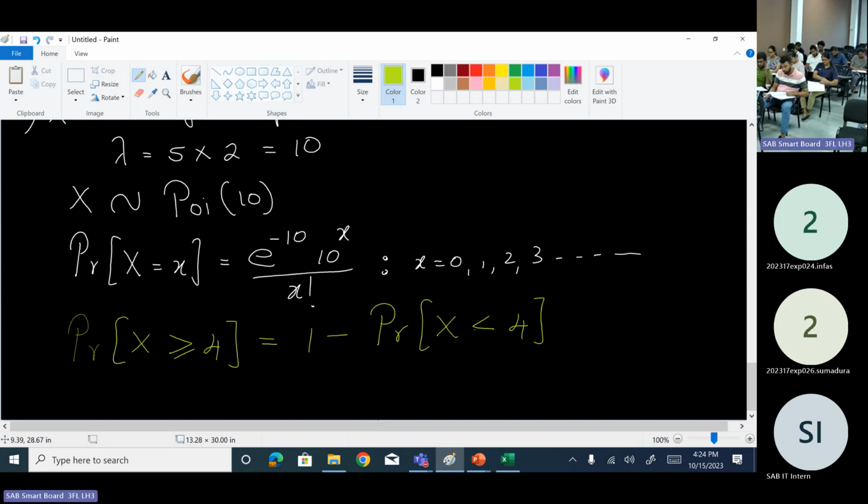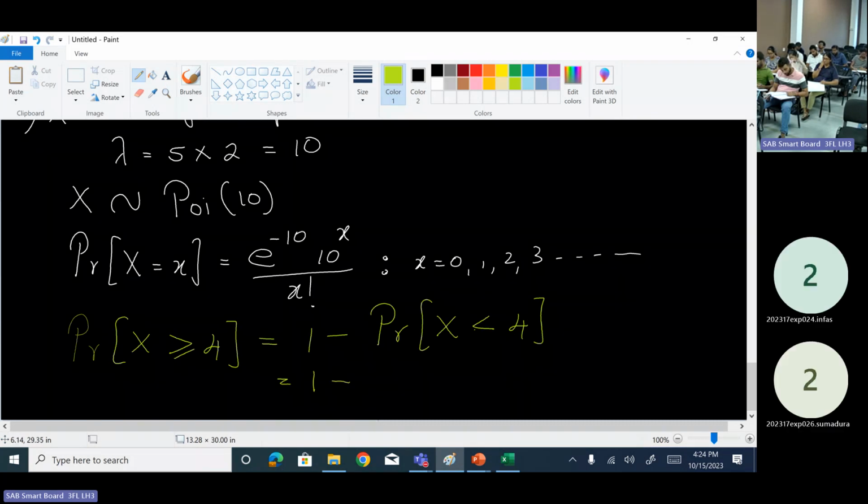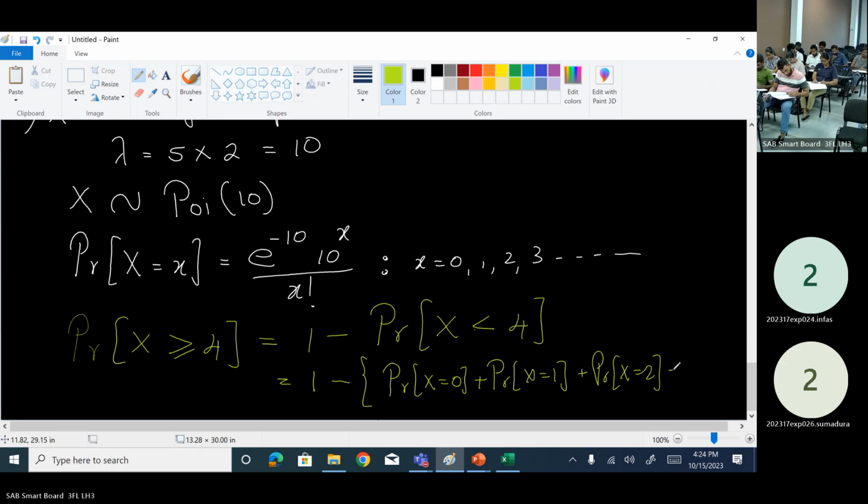So we have 4 possibilities here: 1 minus probability X can be 0, X can be 1, X can be 2, plus X can be 3. Then you subtract and find the values.